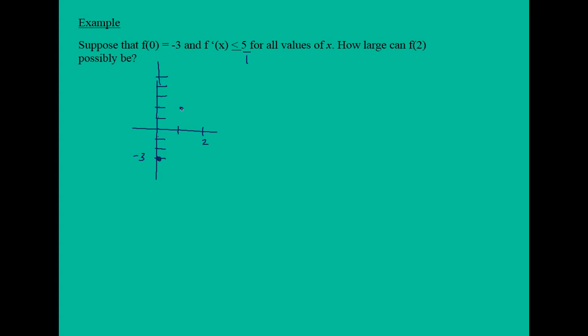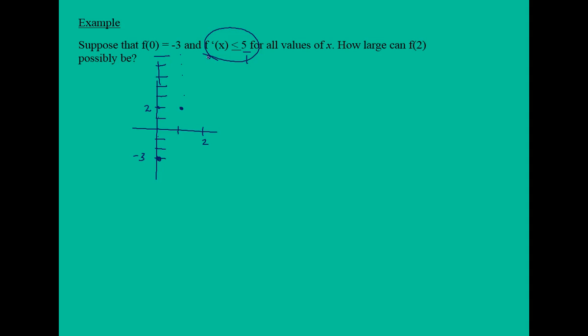It could possibly get up to 2 because of this statement right here. The maximum the derivative can obtain is a slope of 5. Well, if we continued this process, we could say it could increase another 5 units from 2. So it could go up 1, 2, 3, 4, 5, and over 1 again.